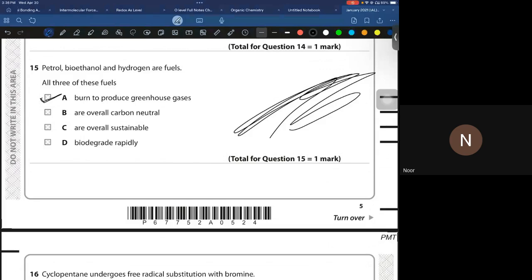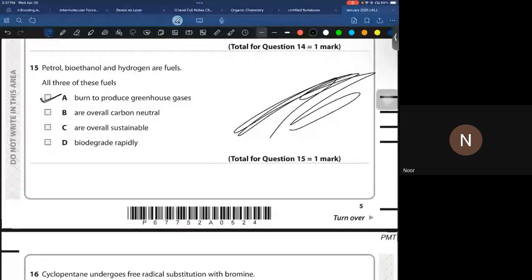Why is option B incorrect? Are overall carbon neutral? They are not all carbon neutral. Remember, like in ethanol, I cannot say they are all carbon neutral. Are overall sustainable? All are not sustainable. Remember, hydrogen is highly explosive or highly unstable.